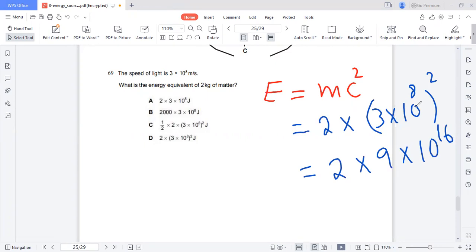Like this is one of the answers, and it is similar to this one.